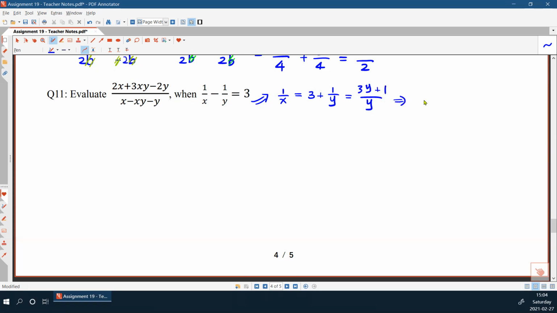And this actually tells you x is y over 3y plus 1, right? And when you know that x is y over 3y plus 1, you can put this in the original expression, right? Do you understand?